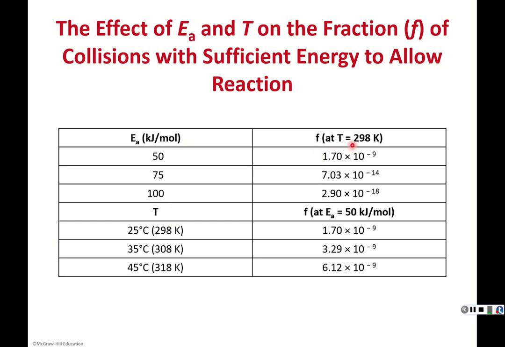The fraction of collisions at 298 Kelvin with enough energy to overcome that gets less and less, and you can see exponentially they really go down. We go from 10 to the minus 9 to 10 to the minus 18 by doubling that activation energy. Likewise, when you raise the temperature, the fraction of collisions that have enough energy to overcome that barrier goes up.